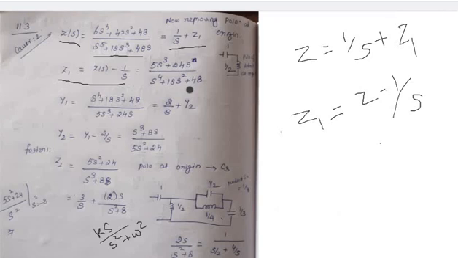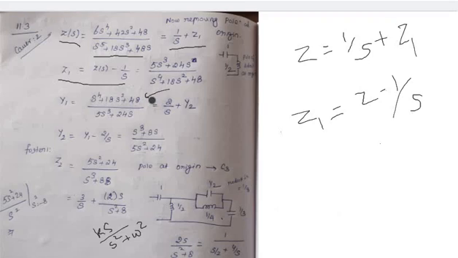But the inductance which is in parallel connection, so we have to take the admittance. Reciprocal of Z1 will give Y1. So Y1 equal to S power 4 plus 18S square plus 48 divided by 5S cube plus 24S.